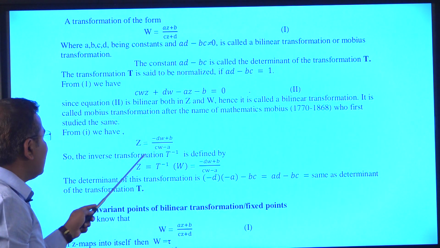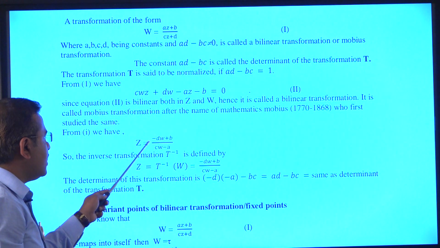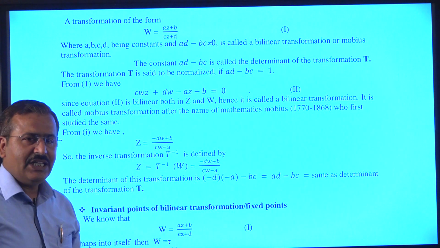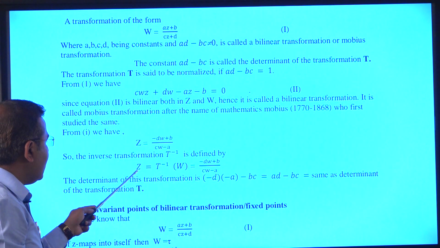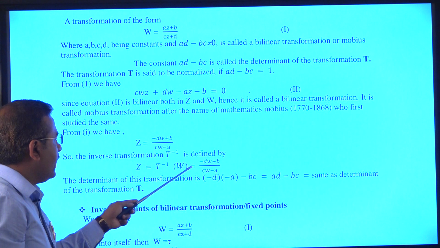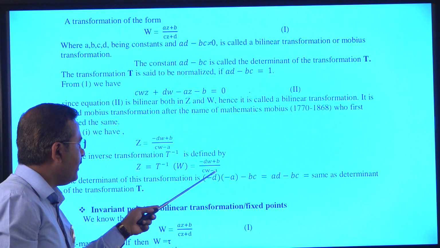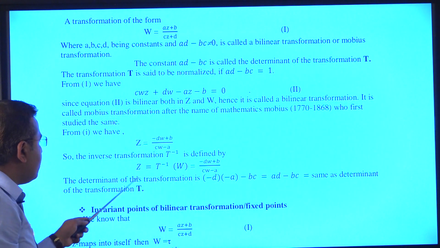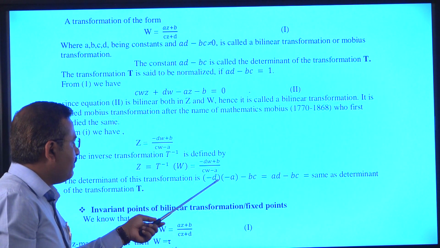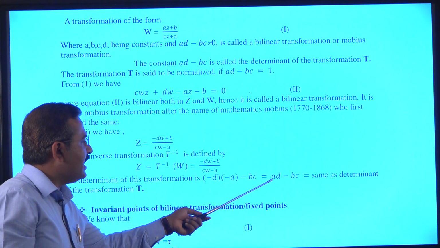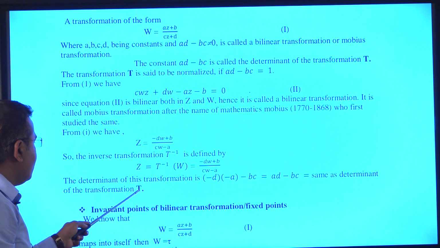This is the inverse transformation, denoted by T to the power minus 1, defined as Z equal to T inverse of W equal to (minus DW plus B) divided by (CW minus A). Now the determinant of this transformation is minus DA plus BC, that means AD minus BC, the same as the determinant of transformation 1.